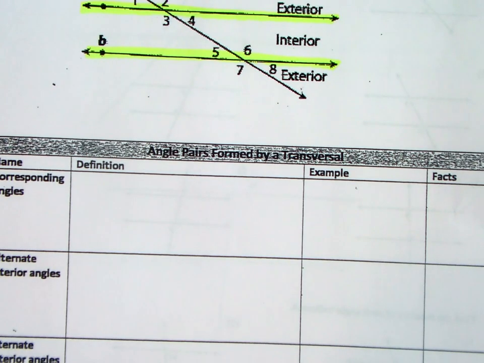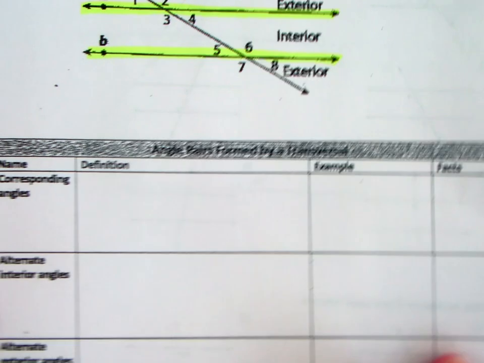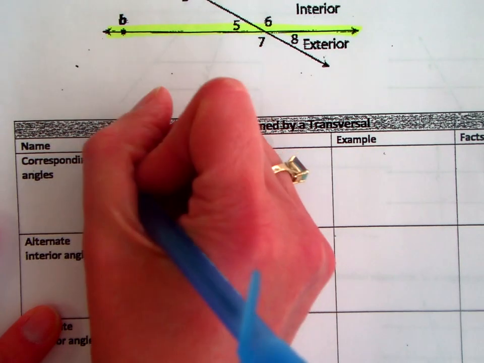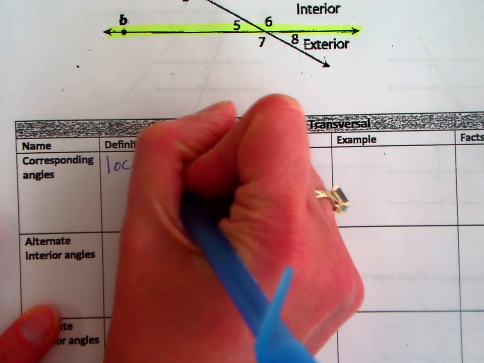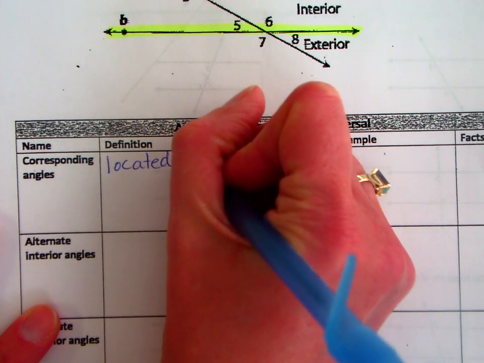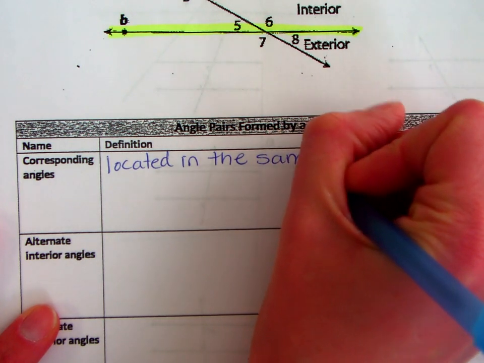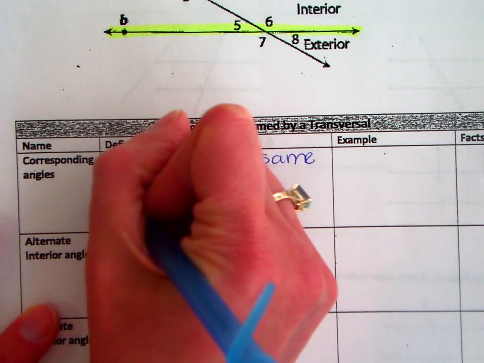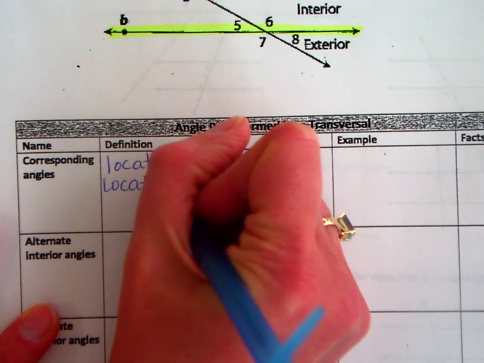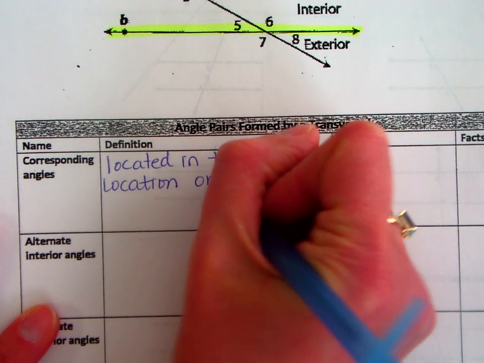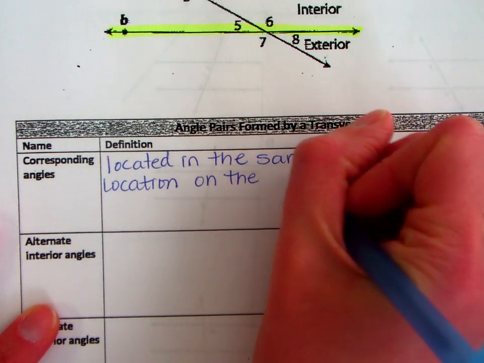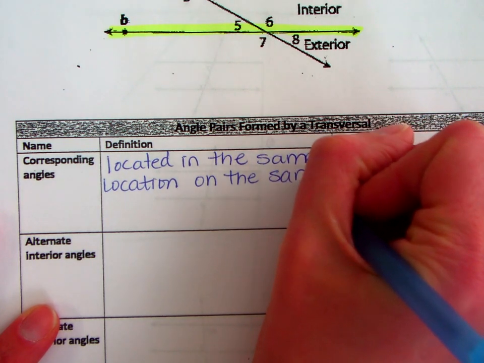All right, first one we're going to talk about are called corresponding angles. And these are located in the same location on the same side of the transversal.